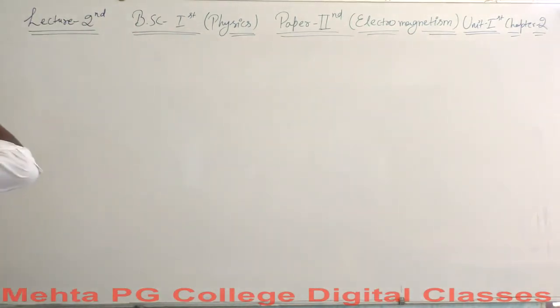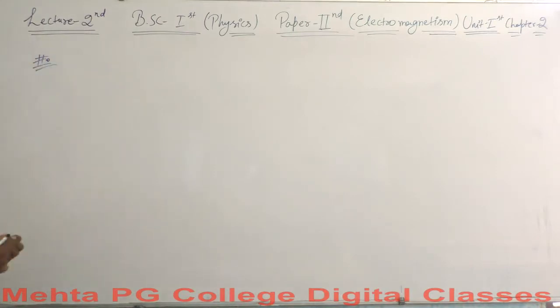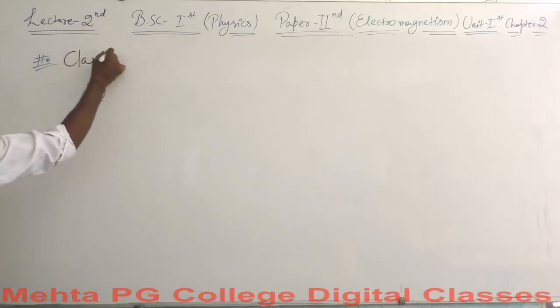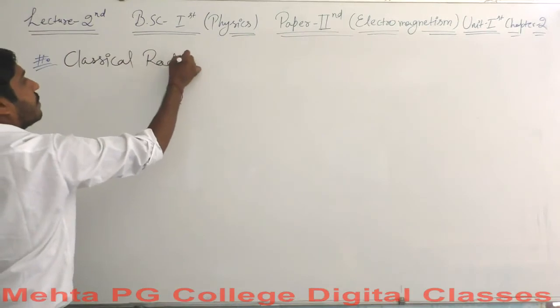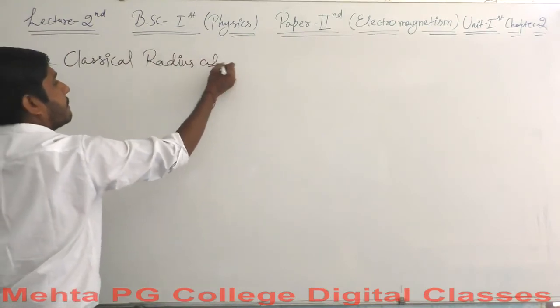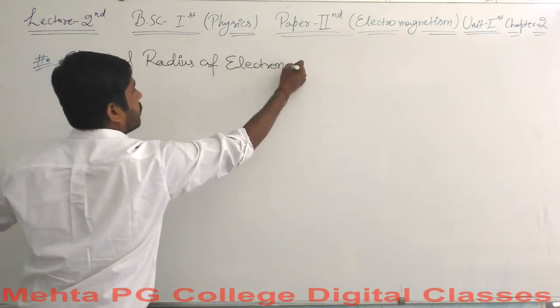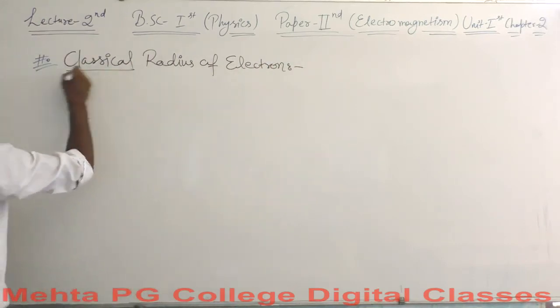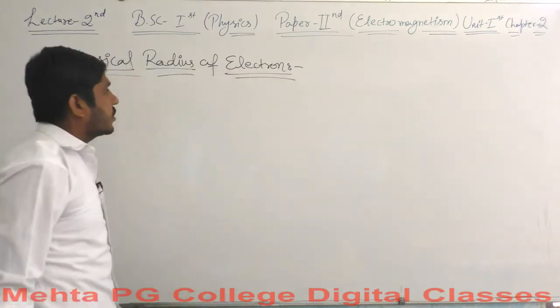Okay, so what should be the classical radius of the electron?